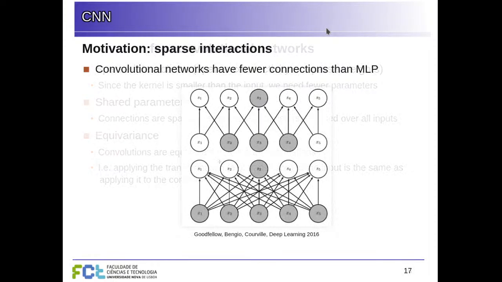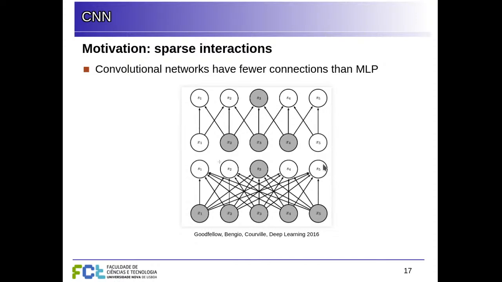The idea of having sparse interactions is that when you have dense layers, like in a multi-layer perceptron, the neuron in one layer is connected to everything in the previous layer. This can be the inputs, or it can be a previous hidden layer, it doesn't matter, but we have lots of connections here between everything in the previous layer and each neuron in the next layer. In a convolutional network, we have just a kernel that has a finite size.